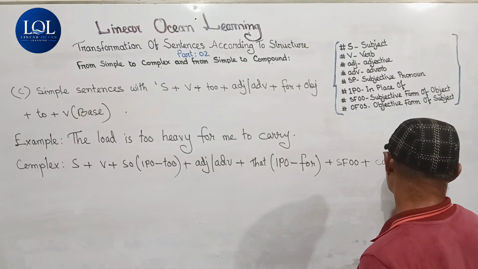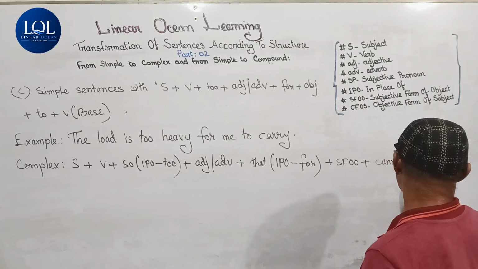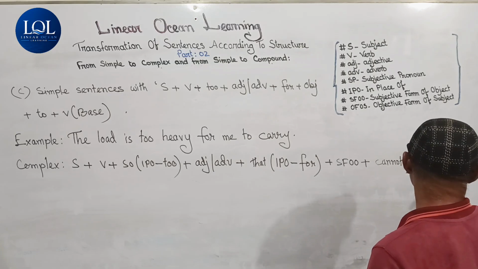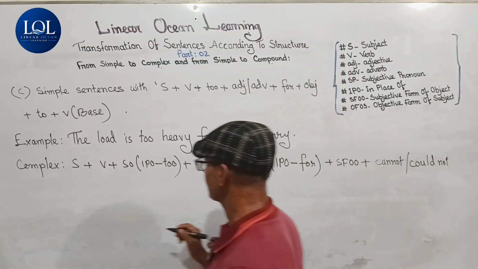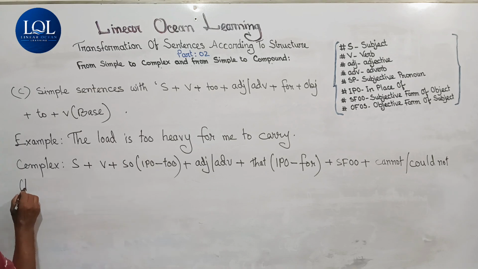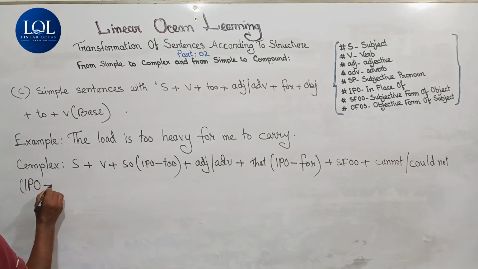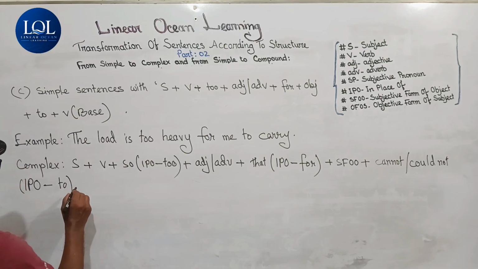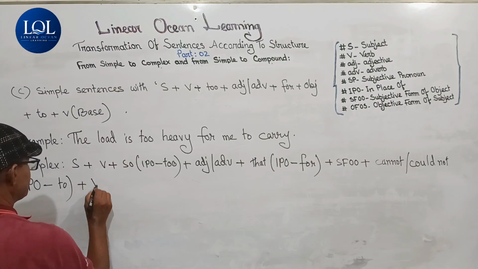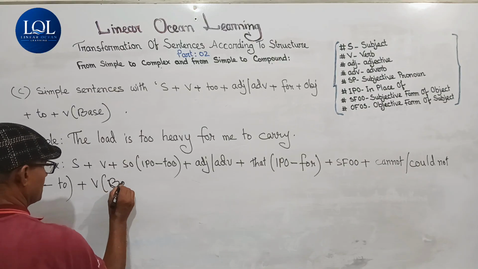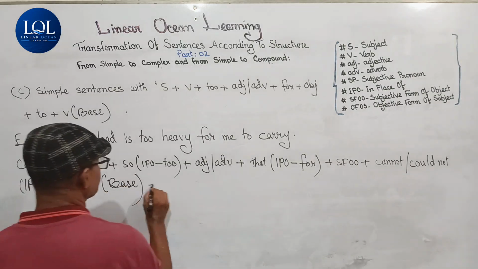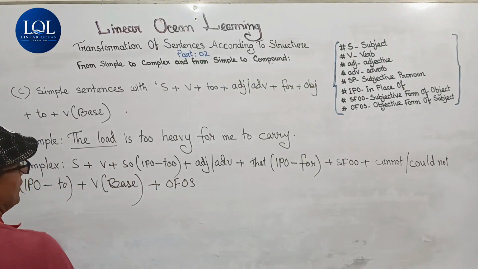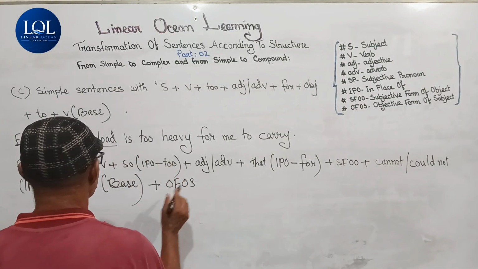Cannot or could not, IPO2, plus verb base, plus objective form of subject. Here the subject is the load and its objective form will be it.